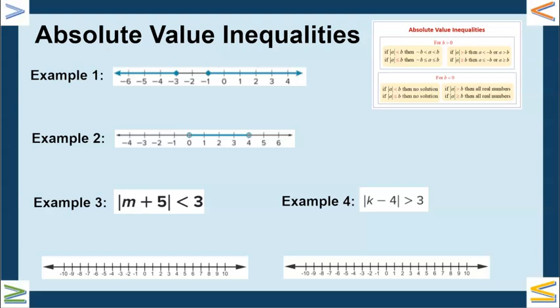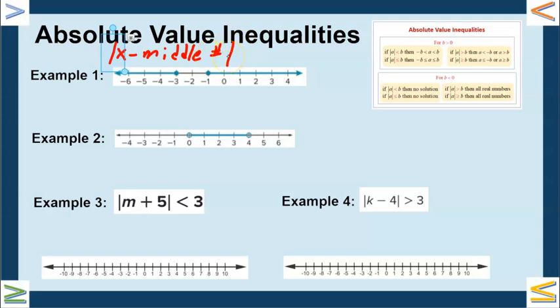So the first thing we need to remember is how an absolute value inequality is written. For the absolute value, it's always going to be x minus whatever the middle number is.